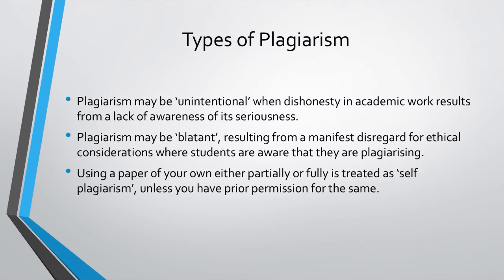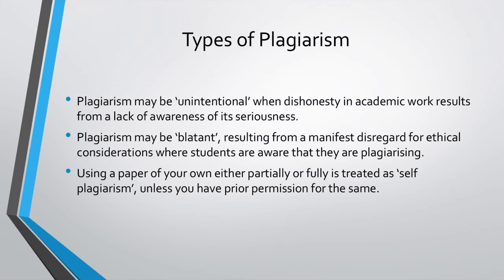Now, there are three types of plagiarism. Plagiarism may be unintentional when dishonesty in academic work results from a lack of awareness of its seriousness. So, sometimes you may not be aware of how offensive it is. So, it may be unintentional when you copy down something without knowing the seriousness.